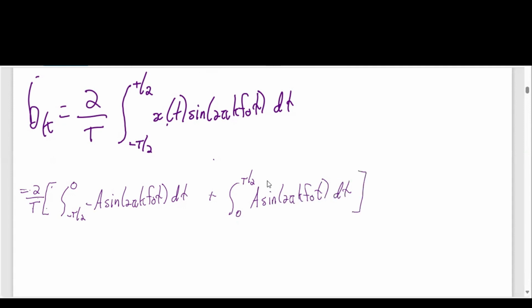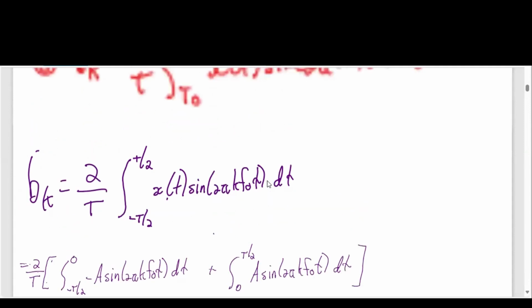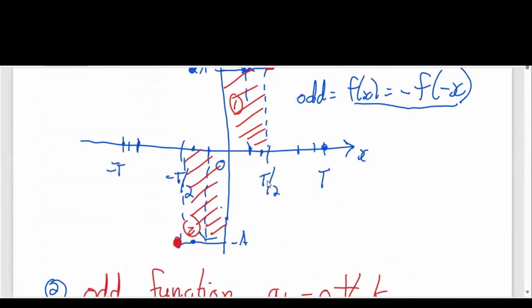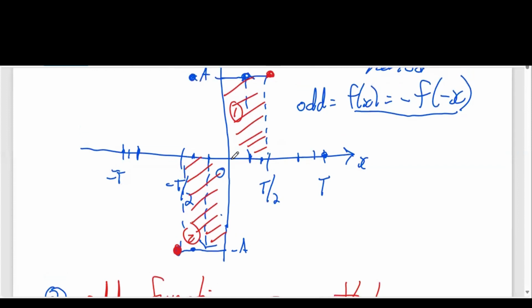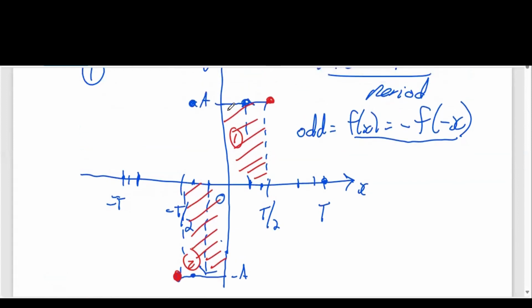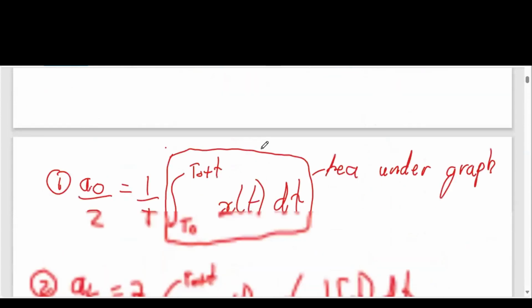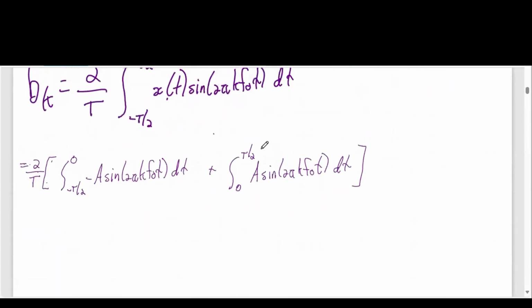What I did there is, from the graph, from minus T on 2 to 0, x of t is the graph itself, one flat line at minus A. And then from 0 to T on 2, x of t was A. So I just integrated across the period. Going real slow.